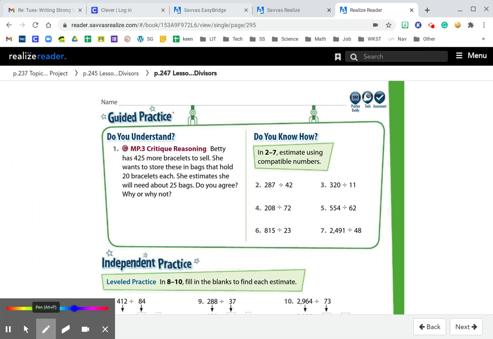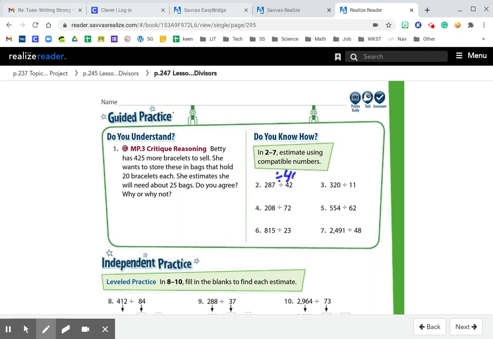Okay, for the next couple, we're going to use estimation. So I'm going to write my estimates above what's here. So I'm going to probably want to change my divisor. Try to keep one number. Try not to change one number if you can, but if you have to, start with your divisor.